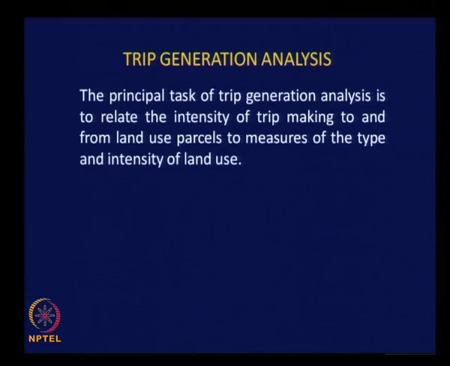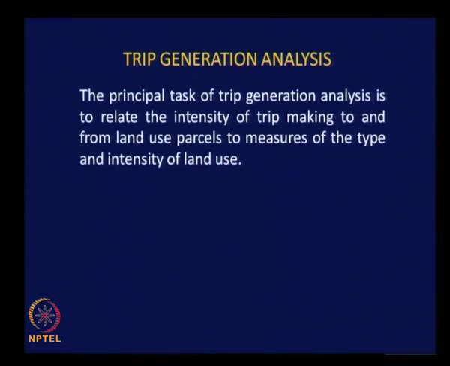It is nothing but the number of trips made from one point to several other points, to and from land use parcels, to measures of the type and intensity of land use. Types of land uses we know in urban areas, their intensity in terms of effectiveness of usage of the different land use types. So, these are to be related. The intensity of travel has to be related to the type and intensity of land use. Let us see how to go about doing this.